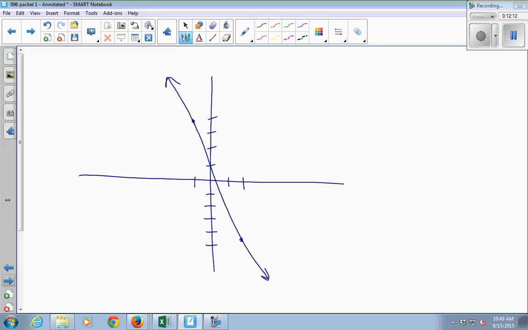So I'm looking for the equation of this line. Every point on it has some coordinates x, y, and I want to find the equation of this line that describes all the points.